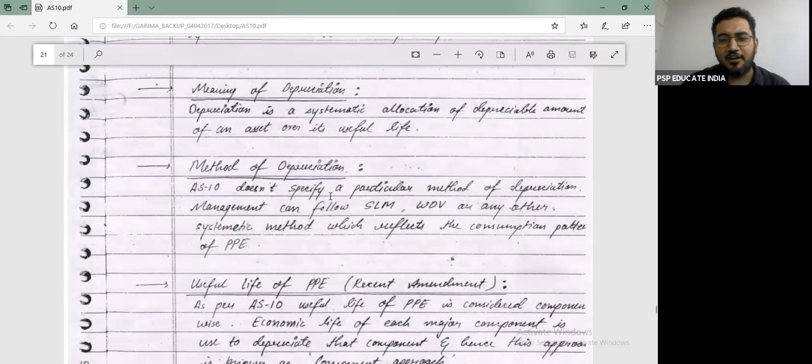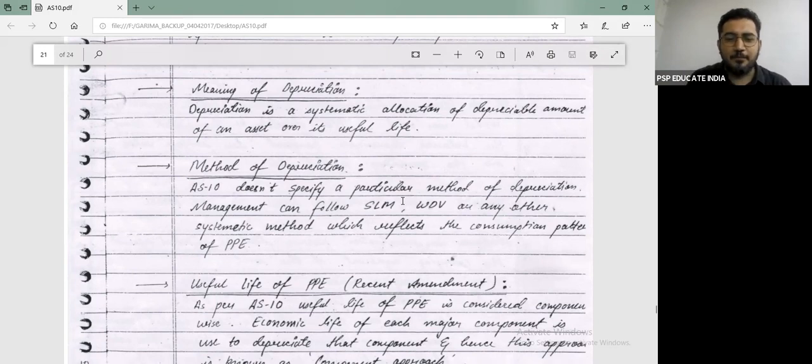AS-10 will never tell you which method of depreciation to use. So you can follow SLM, you can follow WDV, or you can follow any other method which will reflect the consumption pattern of the property, plant and equipment. वो पैटर्न जिस बेसिस पे प्रॉपर्टी प्लांट एंड इक्विपमेंट यूज होने वाला है, that pattern is to be taken care of when you calculate the depreciation.